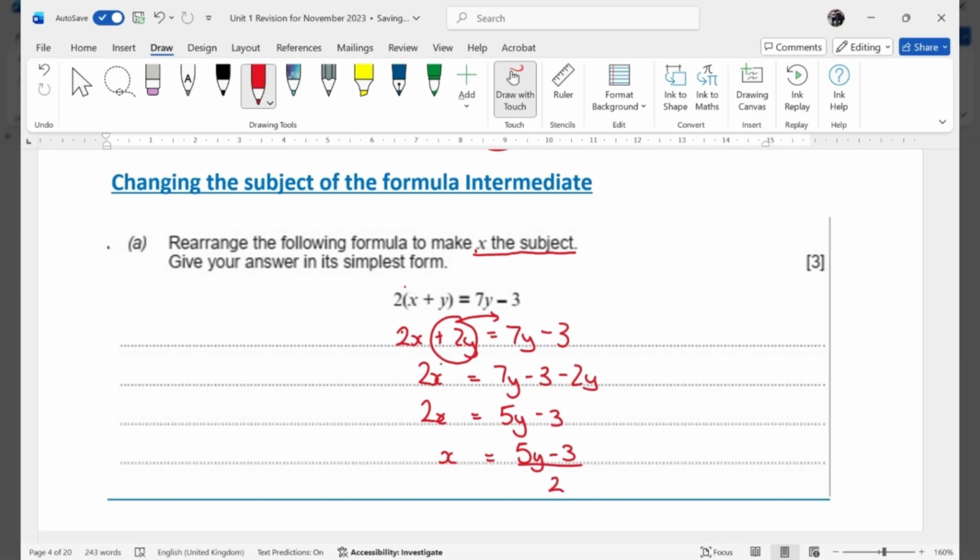Later on in the paper, if you get one of these, it's likely to be an A or A star one, and that will involve factorizing because you will have two things that have the subject in them. You might end up with something like that, and at that point you'd have to factorize and take the whole bracket.